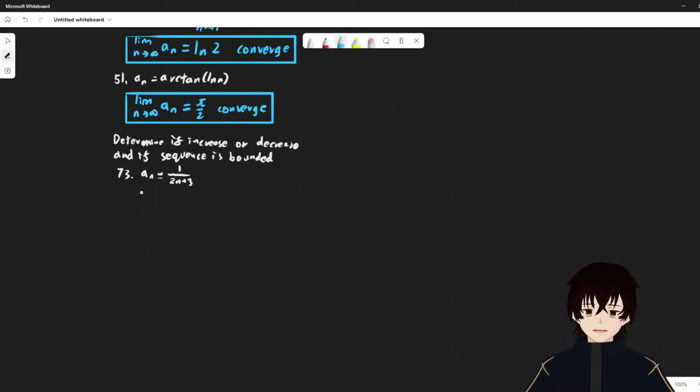Because as n gets higher, a sub n gets lower, and the limit as n approaches infinity of a sub n is going to equal 0. So if n is equal to 1, then a sub n is equal to 1 over 5.